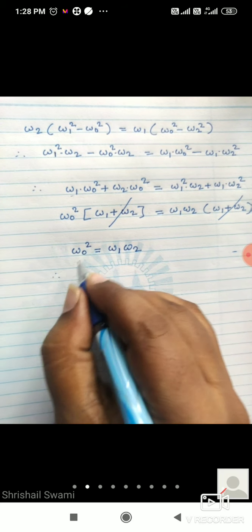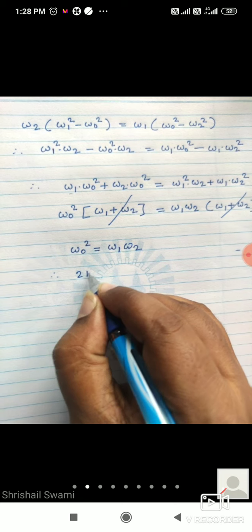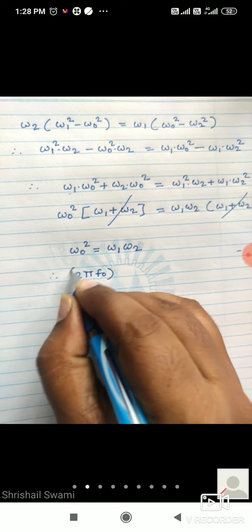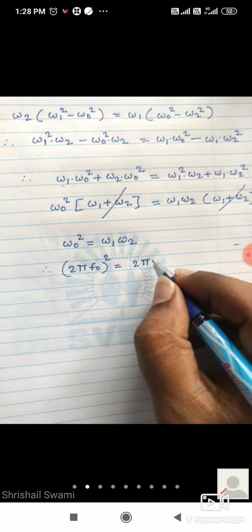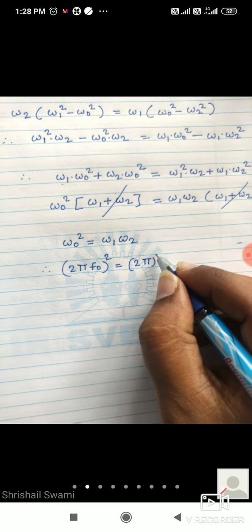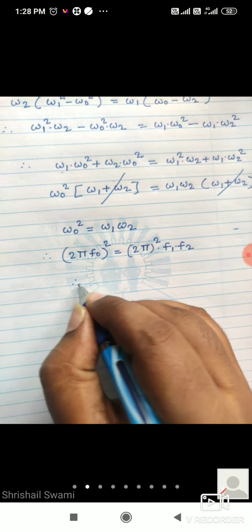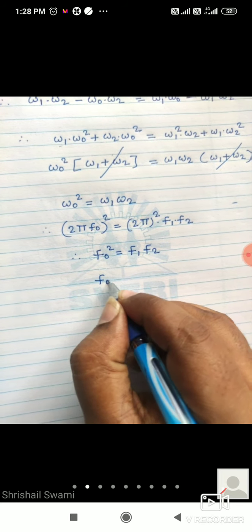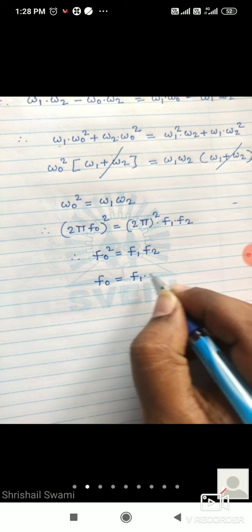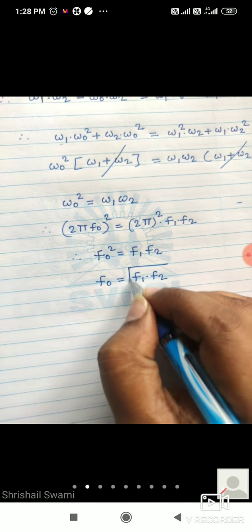Omega 0 means 2 pi f0, bracket square, is equal to 2 pi square into f1 into f2. So this 2 pi will get cancelled, so f0 square is equal to f1 into f2.